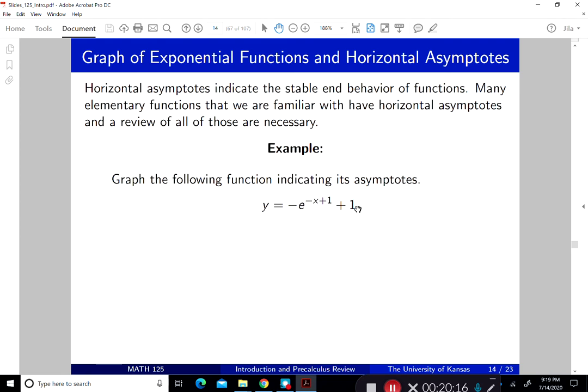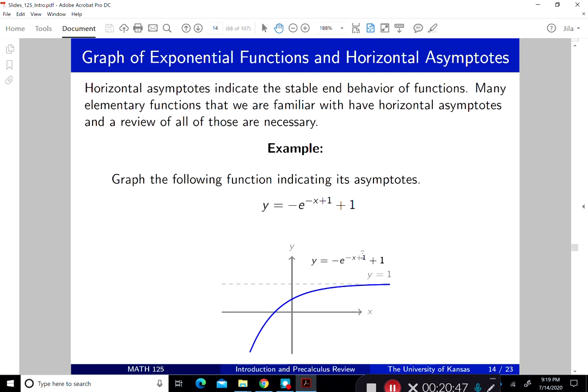So as x goes to positive infinity, making the exponent go to negative infinity, you will end up with y equals 1 as your horizontal asymptote. The other way of thinking about it is that this is an exponential function that was shifted up by 1, so the horizontal asymptote has to be shifted by 1. So that's one thing to remember.